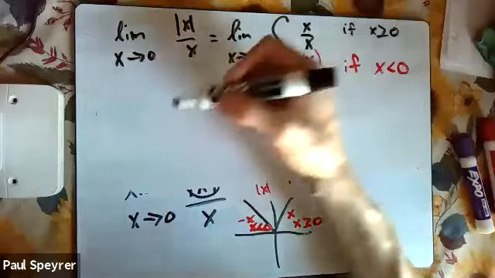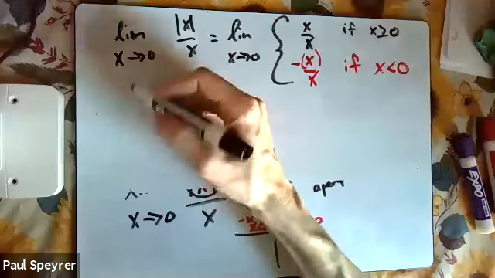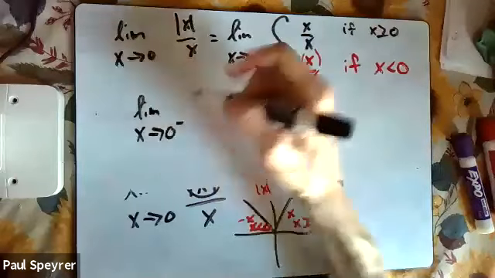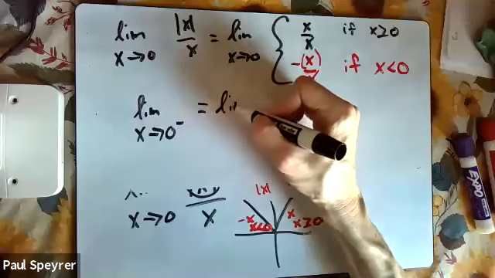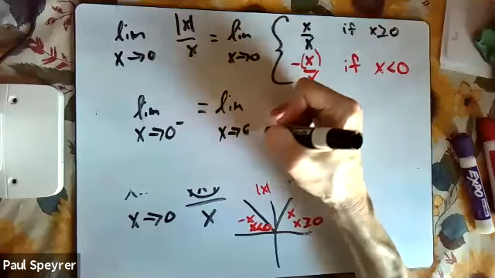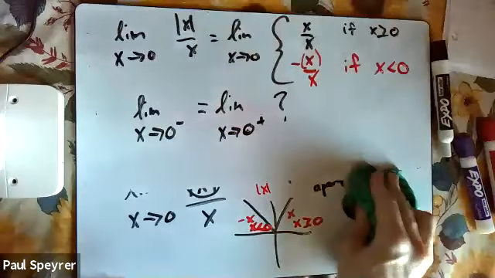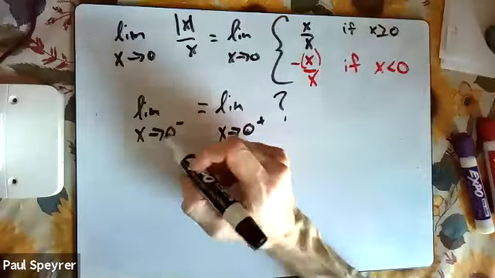So remember, in order for that limit to exist, we want to see, does the limit as x approaches 0 from the left equal the limit as x approaches 0 from the right? That's what we want to see if it's true or not, right? Is that going to be true or false right here?